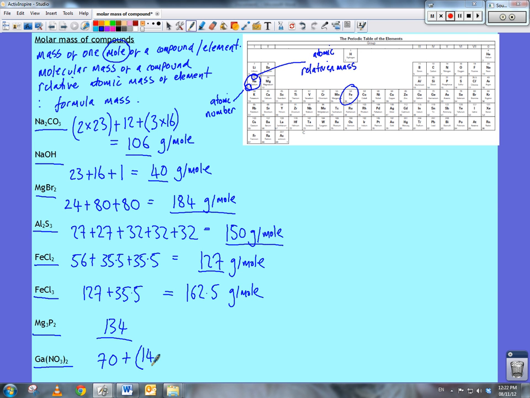Nitrogen is 14. We've got oxygen. Oxygen is 16, but there's 3 oxygens. 3 16s gives us 48. And that is all multiplied by 2 because of 2 of them. Okay, so if we work out that, we end up with a mass for gallium nitrate of 194 grams per mole.